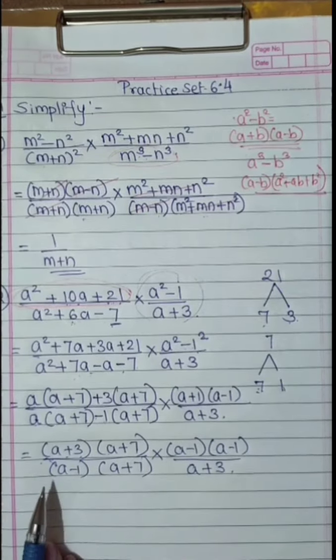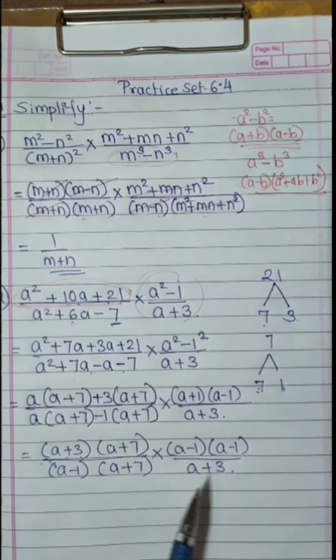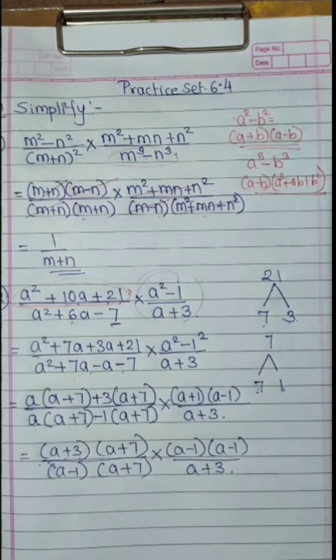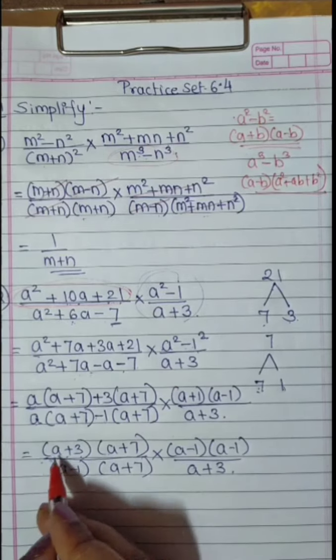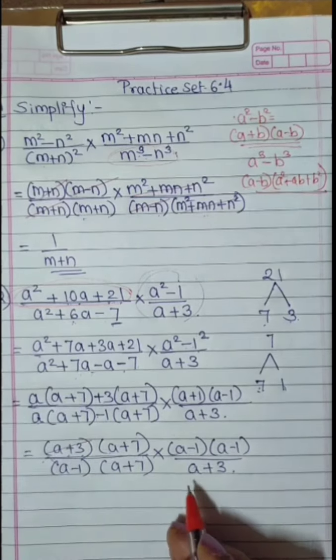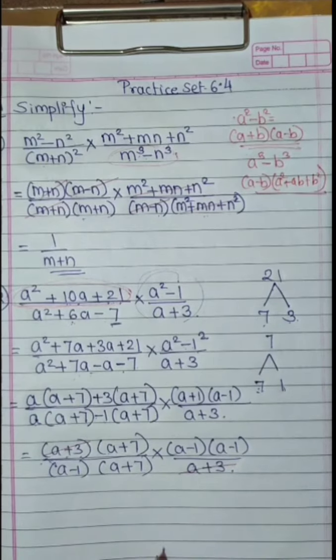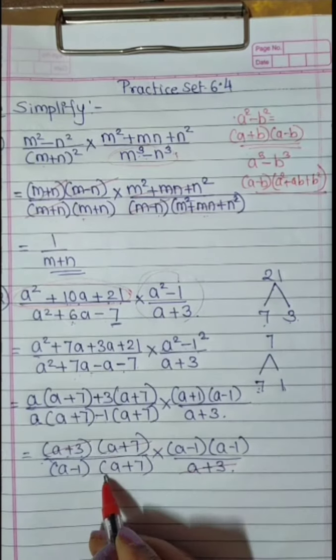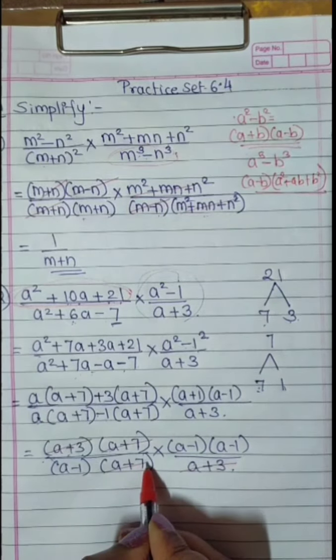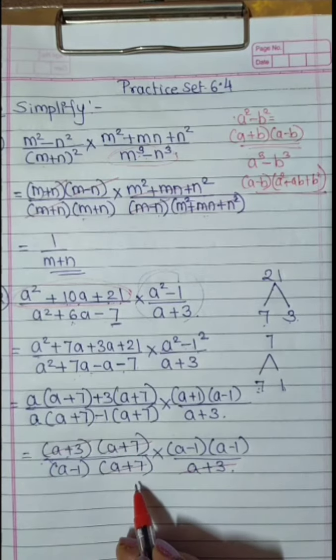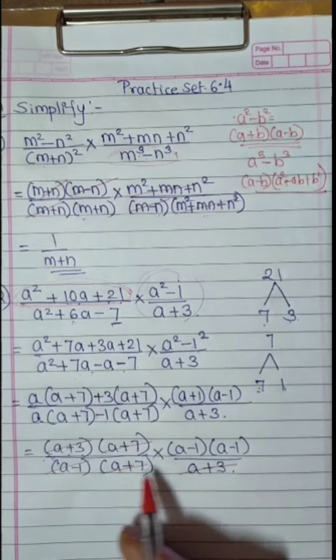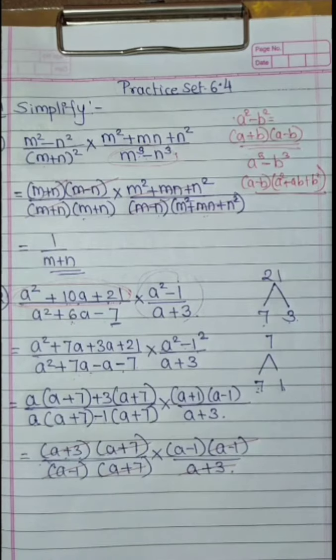Okay, now we are going to see which factors are going to be cancelled here. So you can see here a plus 3 cancels, a plus 7 cancels, then again a minus 1 and a minus 1 cancel.